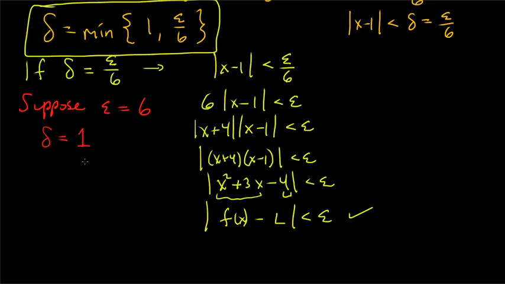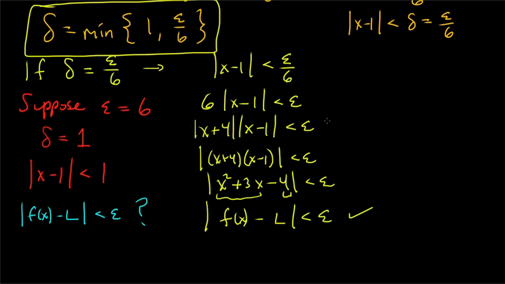Okay. So if delta is 1, is x going to be close enough? If this is true, does that guarantee that my f of x minus L is less than epsilon?